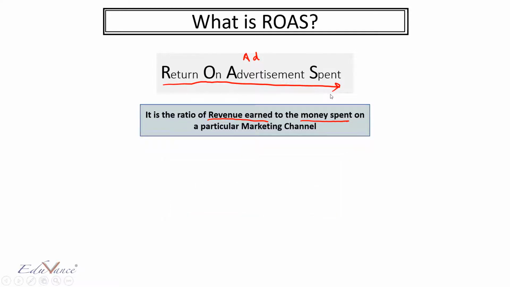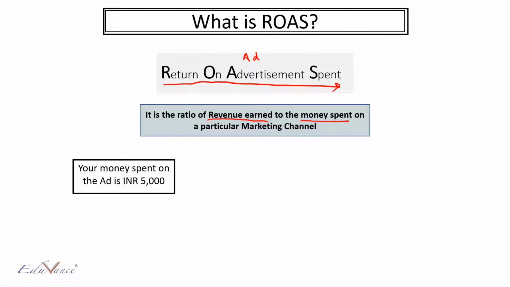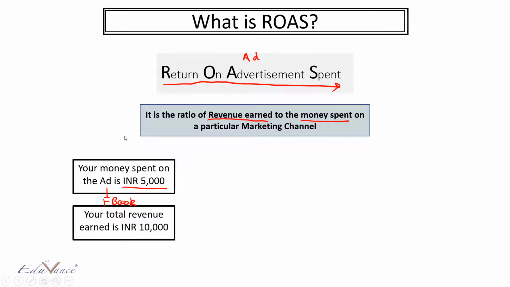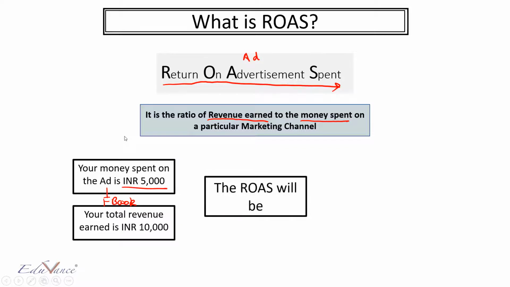In this example, the money you spent was 5,000 rupees on Facebook, and because of that, 10 people bought your product and you earned 10,000 rupees. So the ROAS in this case will be 10,000 divided by 5,000, and that ROAS ratio is equal to 2. So this is the concept of ROAS.